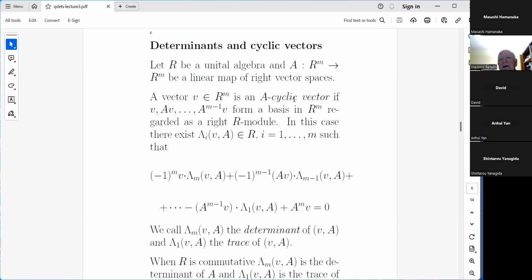Then it's called a cyclic vector for this linear map.